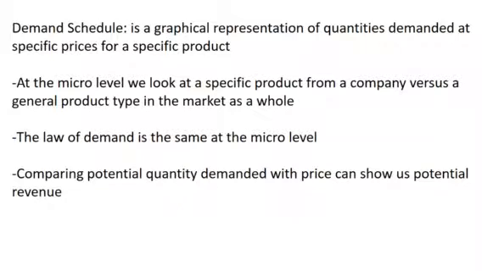So you may have been looking at the demand for all of Michigan, or all of the United States, or all of the world. The law of demand is the same at the macro level as it is at the micro level. And comparing potential quantity demanded with price can show us potential revenues.